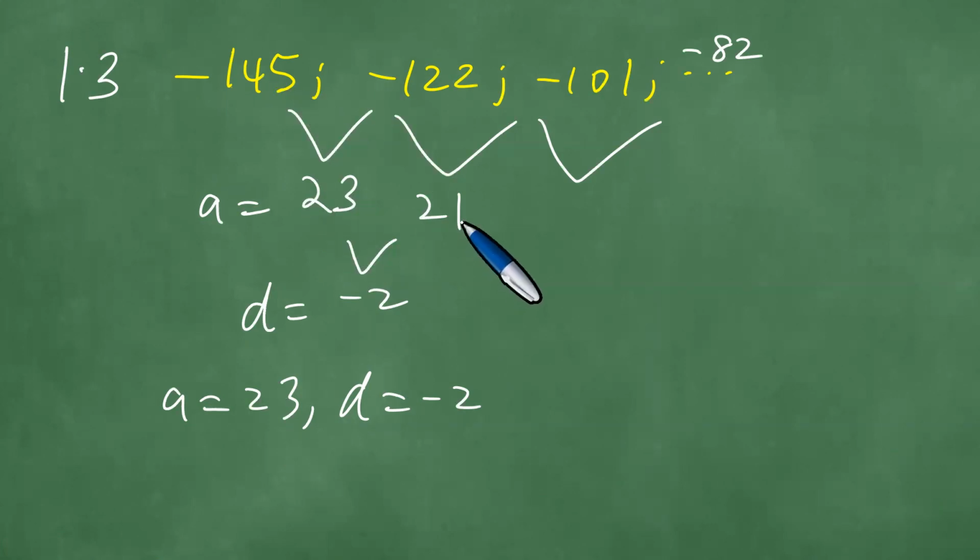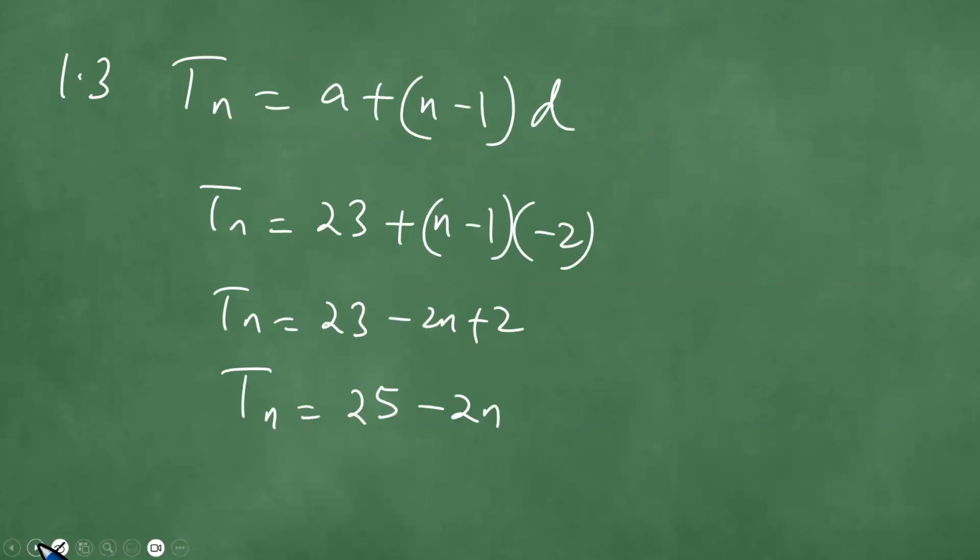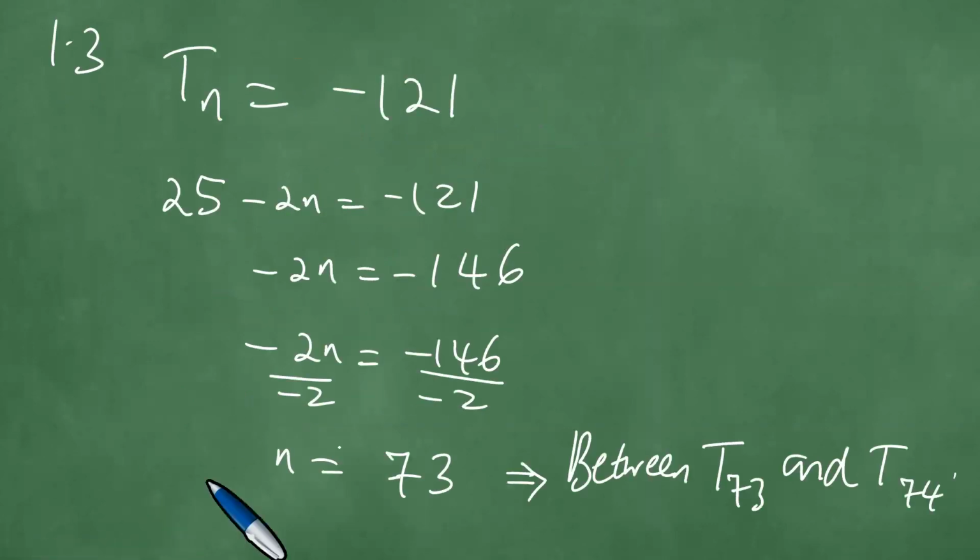This 21 is term number 2. So the difference between term number 2 and term number 3. So in the same way, when you're getting 73, it means between T73 and T74.